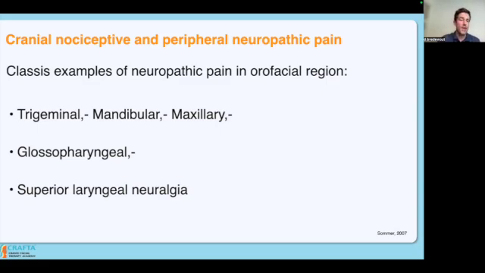Also involvement of the vagus nerve. So that's a totally different nerve if we compare it to the trigeminal nerve. And another one is the superior laryngeal neuralgia. That's a little bit more rare, but it's still a problem that can happen in the orofacial region. So we emphasize a little bit more the typical trigeminal area.